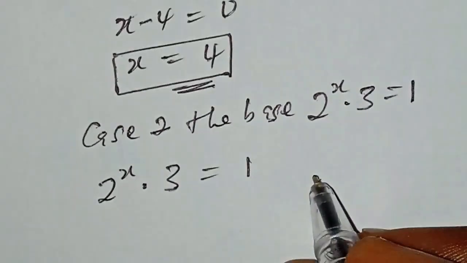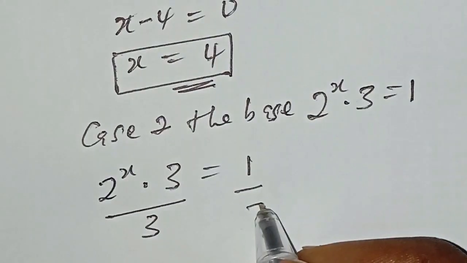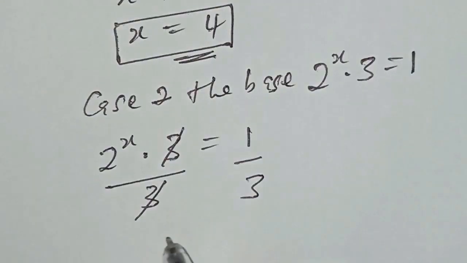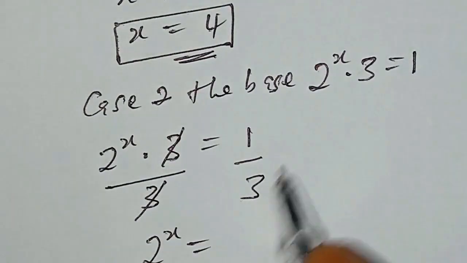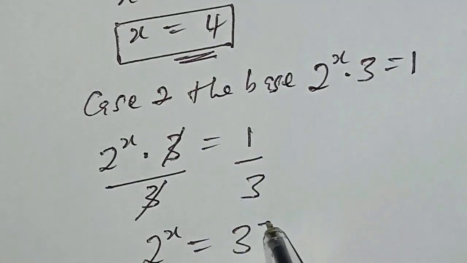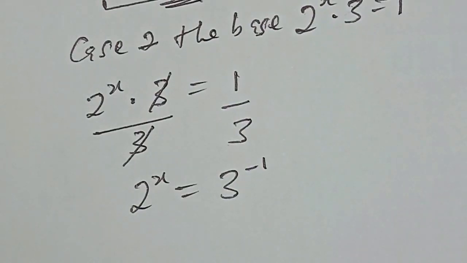So now we have 2 to the power of x multiplied by 3 equal to 1. Let's divide both sides by 3. This comes out, and we are left with 2 to the power of x equal to 1 over 3, which can be written as 3 to the power of minus 1. Having gotten this, we can now apply log to both sides.